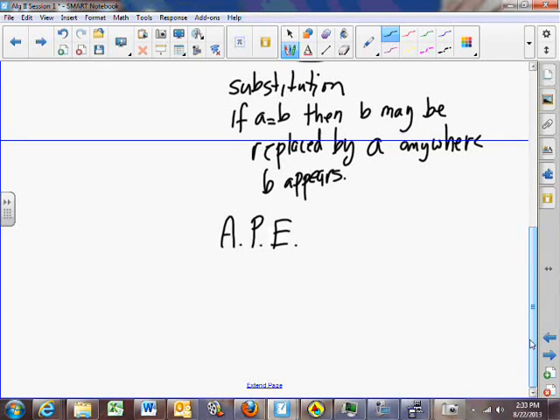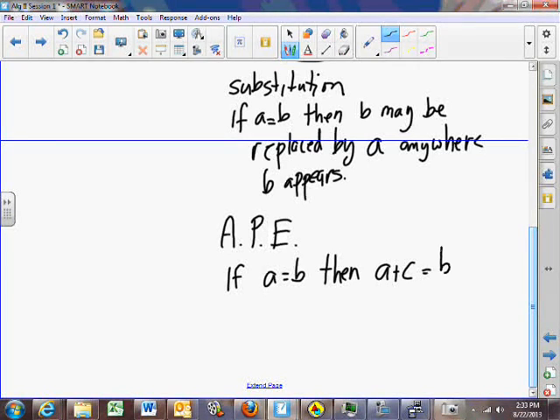It basically says if you have an equation, in other words, if A is equal to B, then A plus C will be equal to B plus C. The way I thought of this when I was younger was that if you had an equation, it was okay to add the same thing to both sides.